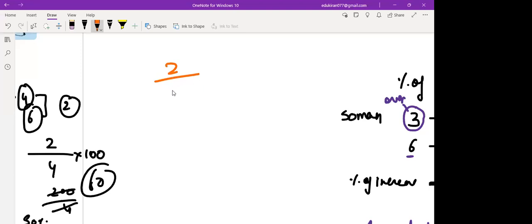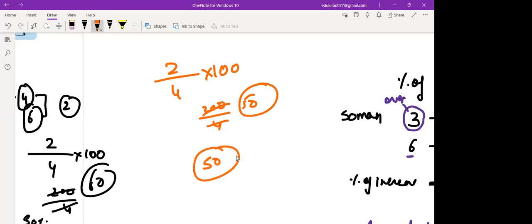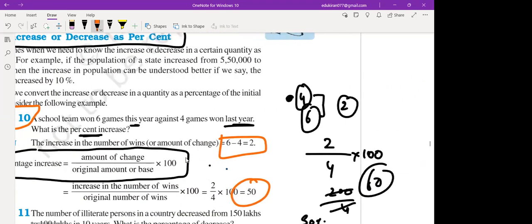So 2 by 4 into 100 is equal to 200 by 400. We can divide by 2, so 100 by 200, and then 4 is equal to 2, and 100 is equal to 50, and 2 is equal to 1. So, 50%. Everybody got this, right?